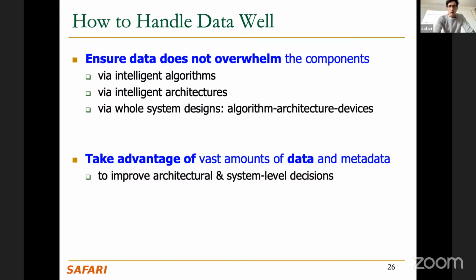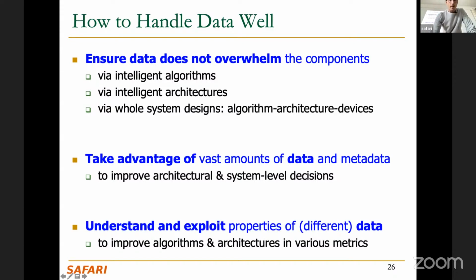And that's what is luckily done more and more with new designs and intelligent architectures. And we are probably going to cover some of these designs and how to apply machine learning and intelligence to computer architectures in different parts of the system.